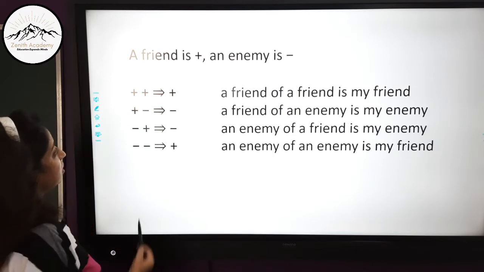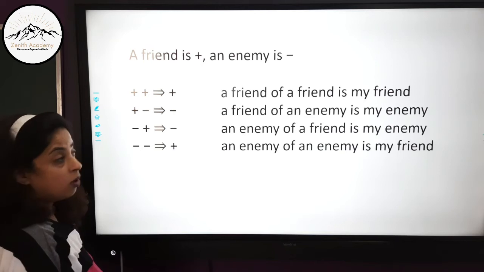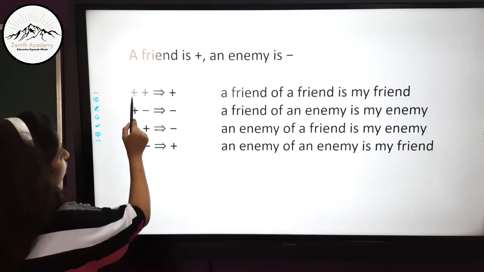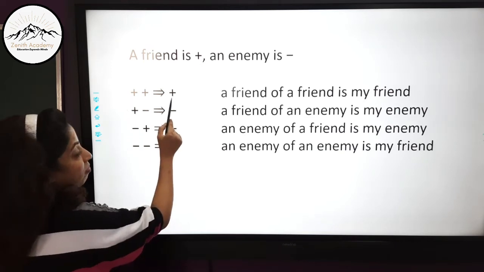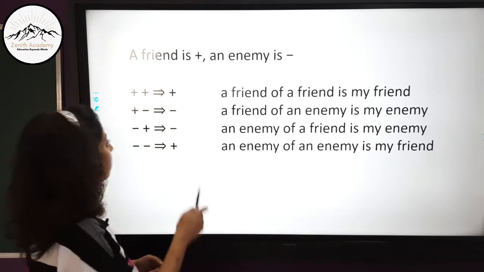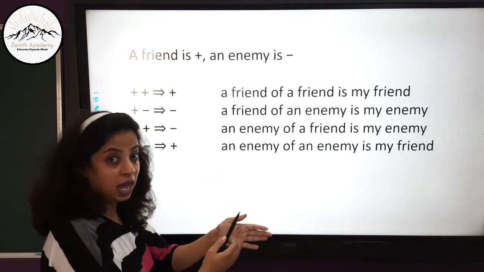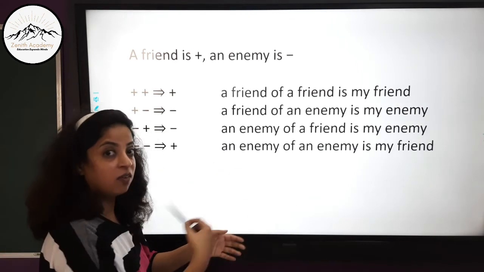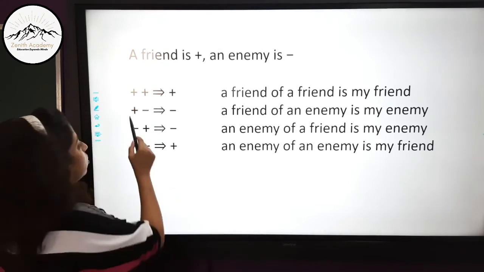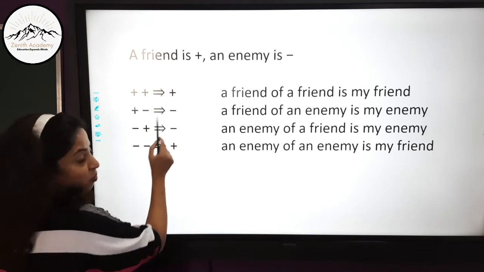First case, plus into plus is equal to plus, meaning a friend of a friend is my friend. Then a friend of an enemy: someone who is my enemy, and his friend will be my enemy. So a friend of an enemy is my enemy.